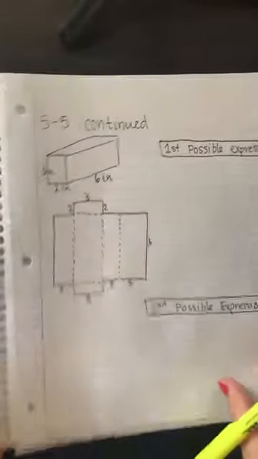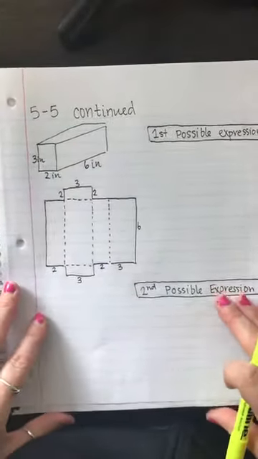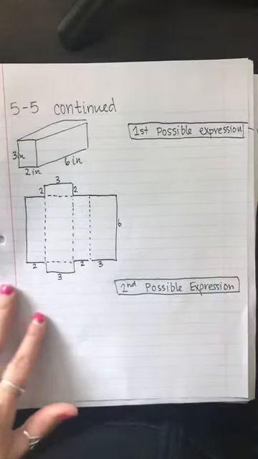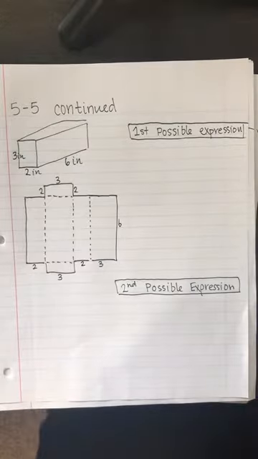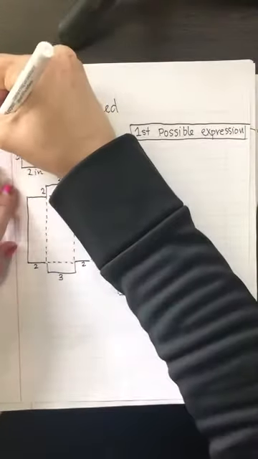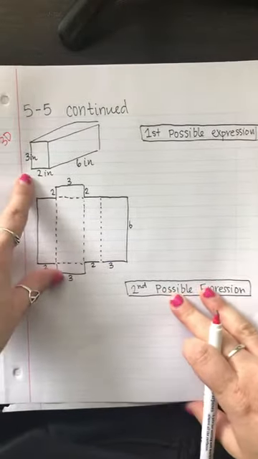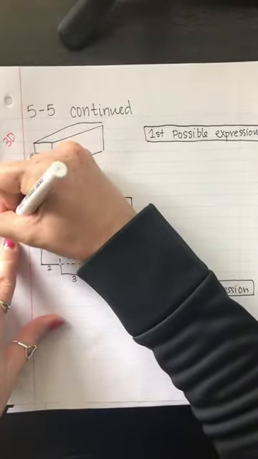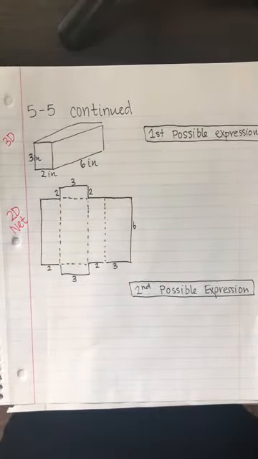You might have to dig a little deep on this one, going back to thinking about nets. So remember that a net is our 2D figure right here. So here's our 3D figure, and this is a 2D figure. You have notes about this, and you can look it up online.